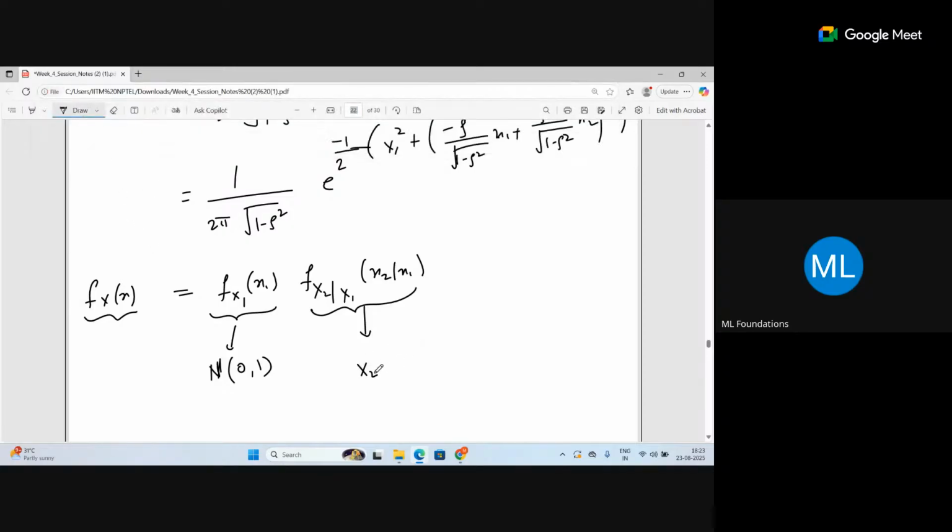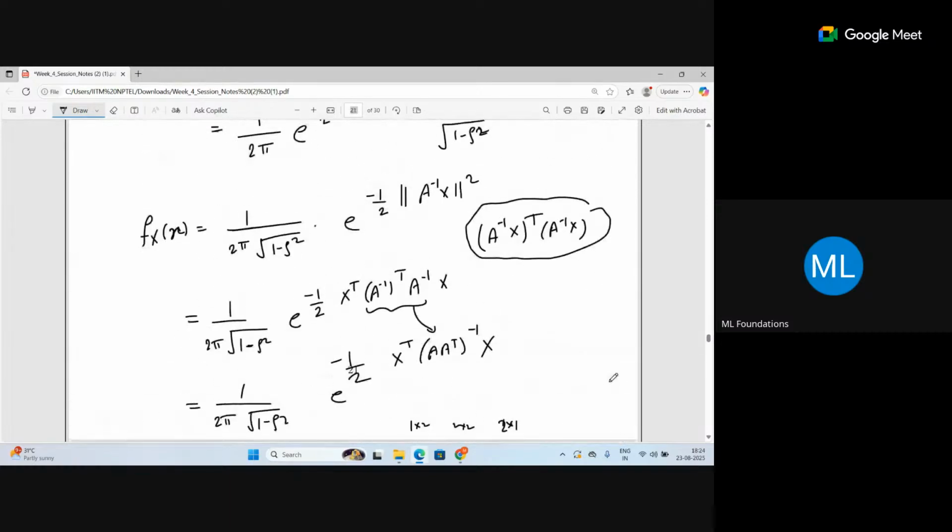The conditional distribution of x2 given x1 follows normal with mean rho x1 and variance 1 minus rho square. Fine. If you don't understand this part also, there is no issue, but this is what it is.